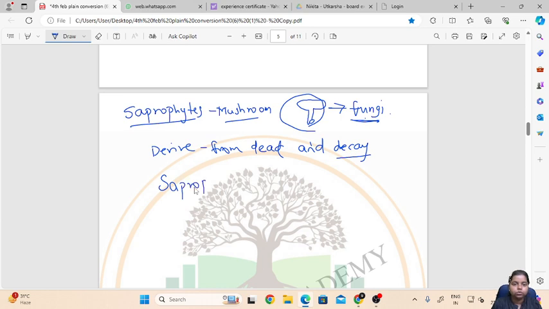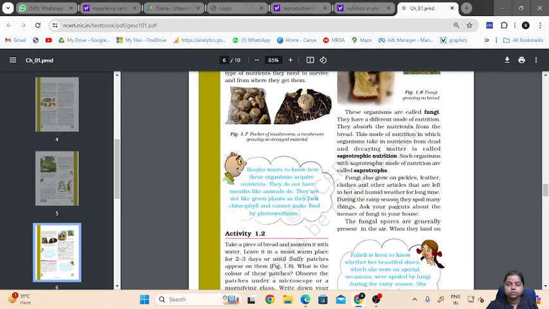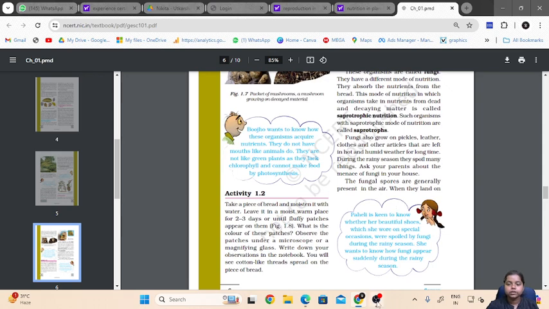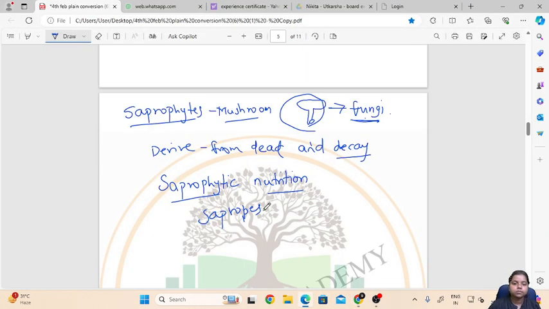They are said to have a saprophytic mode of nutrition, wherein they obtain nutrition from dead and decaying organisms. That is called saprophytic nutrition, and they are called saprotrophs.